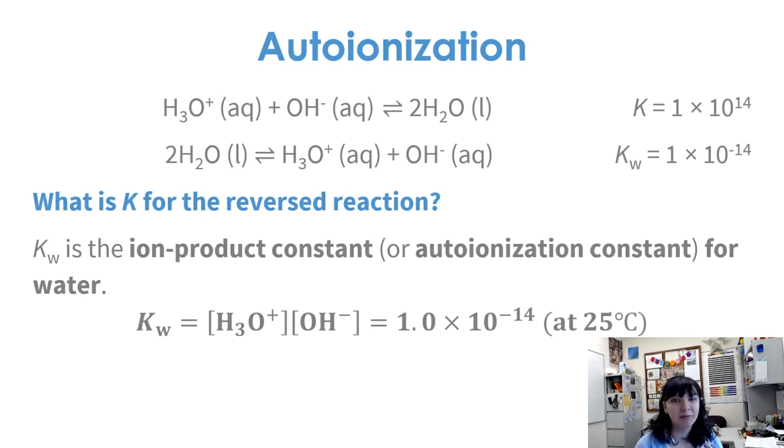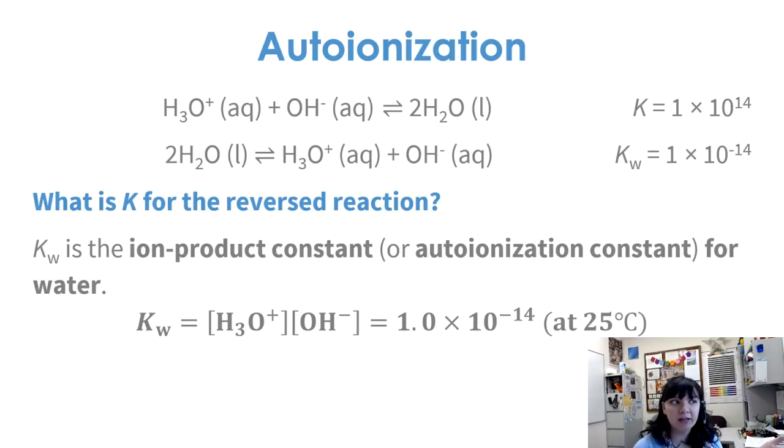So this will occur when we have two water molecules reacting with one another. One is going to ionize in the positive direction, one ionizes in the negative direction, leaving us then with hydronium and OH minus. And so this at 25 degrees Celsius has a K constant of 1.0 times 10 to the minus 14. Now again, this is just another equilibrium constant.